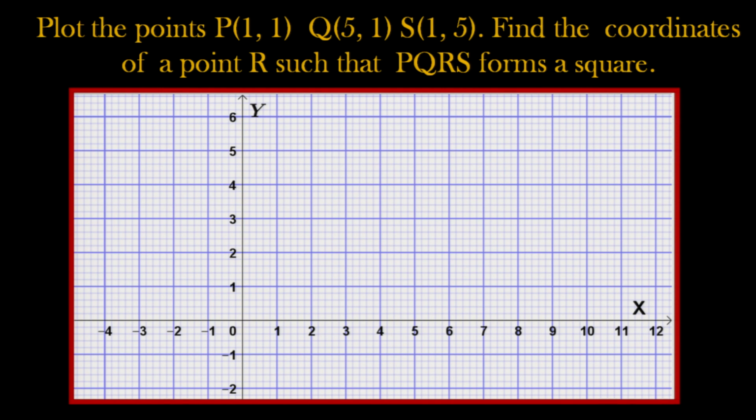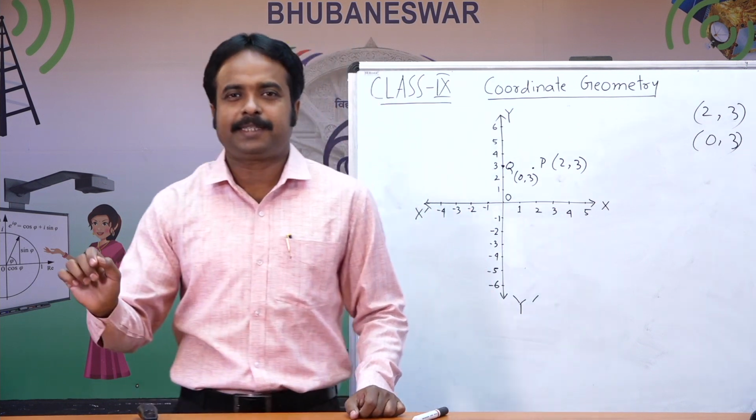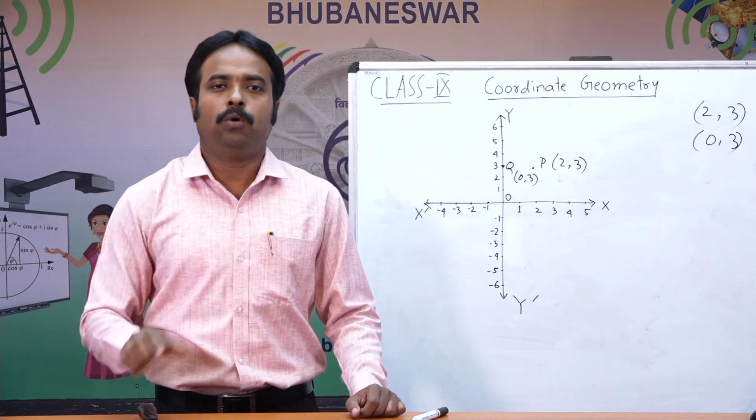So you may see this is the Cartesian plane together with two perpendicular axes. One is the x-axis, another is the y-axis. First we have to plot the point P. The coordinates of the point P are (1, 1). That means to plot the point P, we have to go 1 unit along the x-axis and 1 unit along the y-axis.